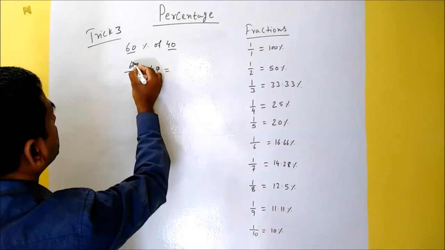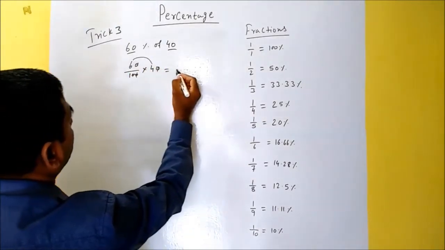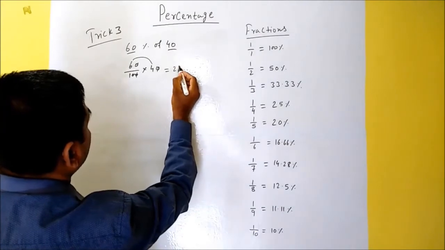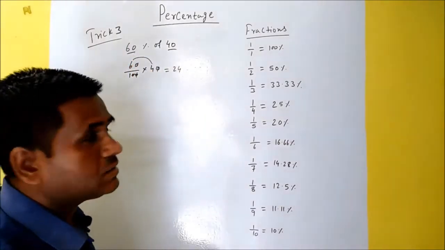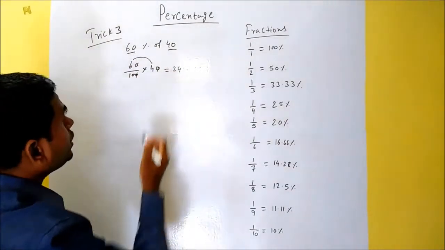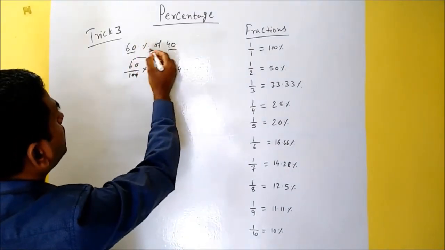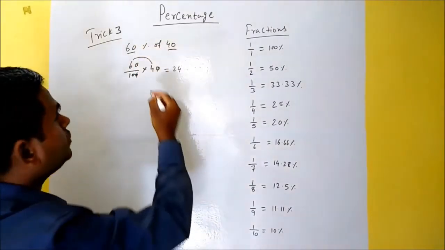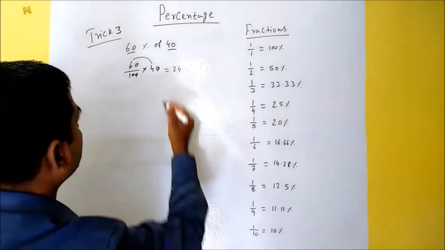So the final answer comes upon multiplication of 6 and 4, which is 24. I'm sorry, I said 0 at the tens place. 0 is at the unit place. Okay, so now when you get this kind of problem, you can directly assume that the 0 will be cancelled, and you can just multiply the digits which are at the tens place, and you'll get the answer.